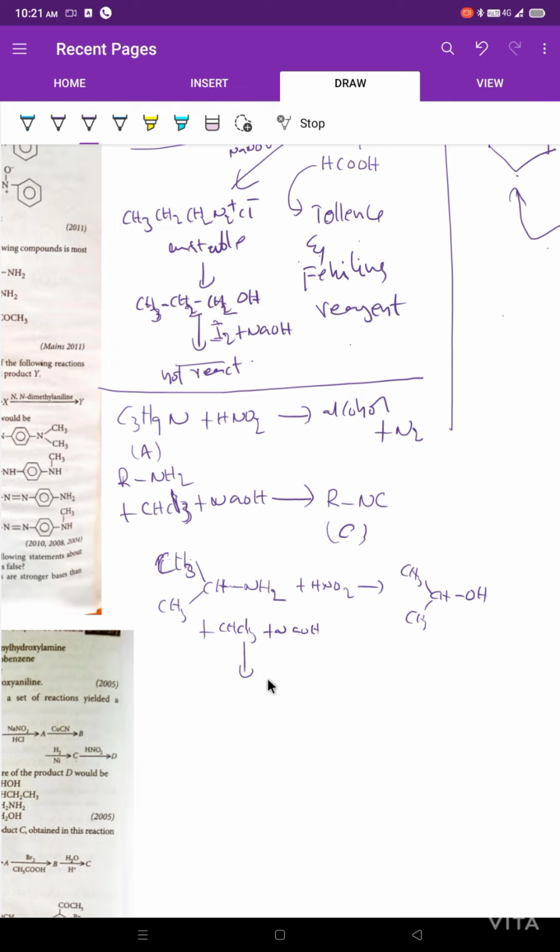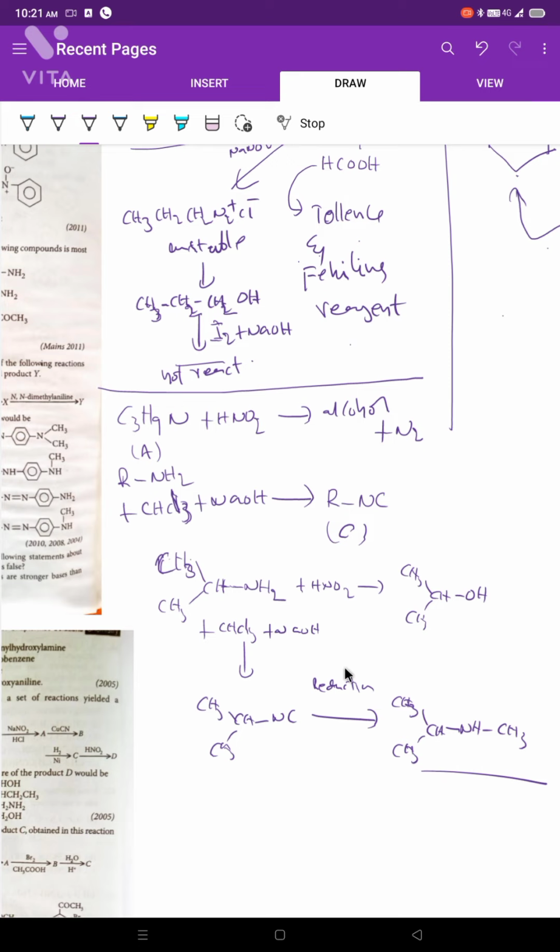You can get the isocyanide, CH3 CH3 NC. On reduction you can get CH3 CH3 NHCH3.